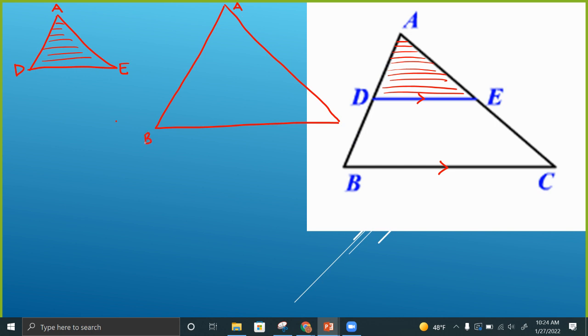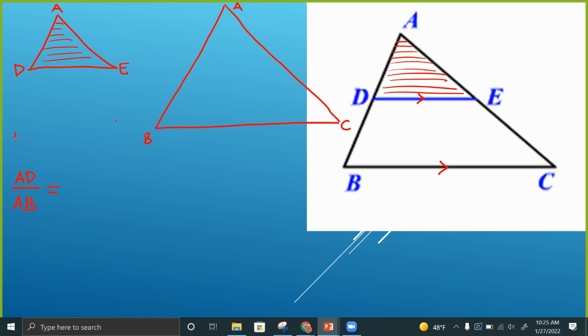A, B, C. I want to just practice writing the proportions with you in this theoretical way. It's left over left equals bottom over bottom. And then we can do right versions too. Right over right equals left over left. So let's try this. AD is to the left side of the bigger one, AB.